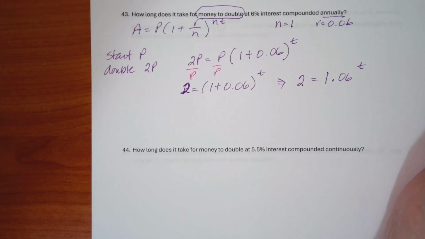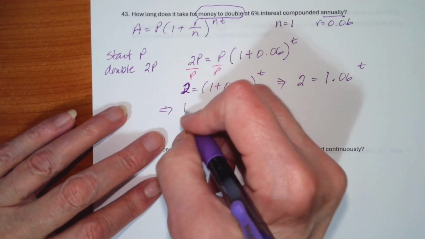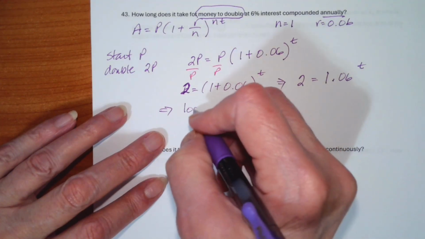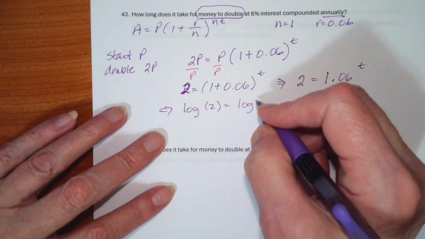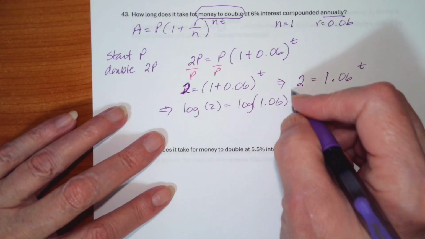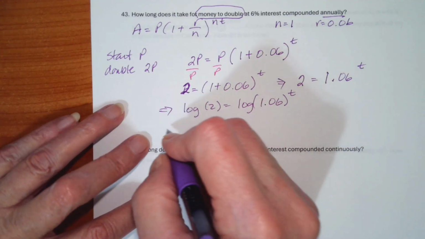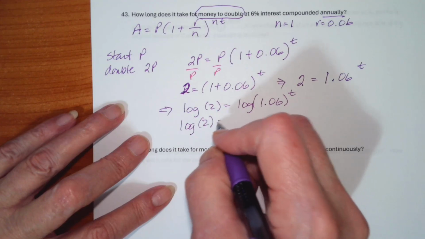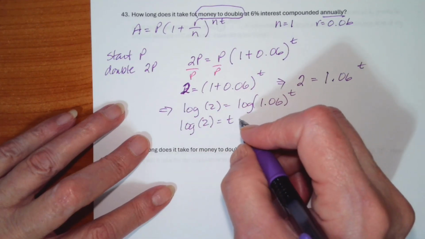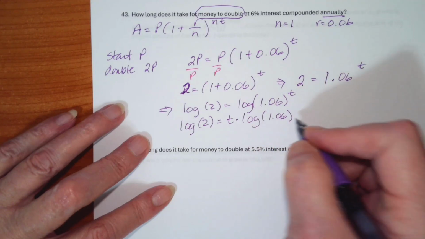Alrighty, so what I'm going to do is just take the log of both sides, and I didn't leave myself enough room here. So the log of 2 is equal to the log of 1.06 to the T. So this gives me that the log of 2 is equal to T times the log of 1.06.